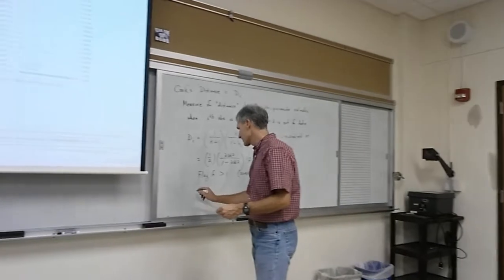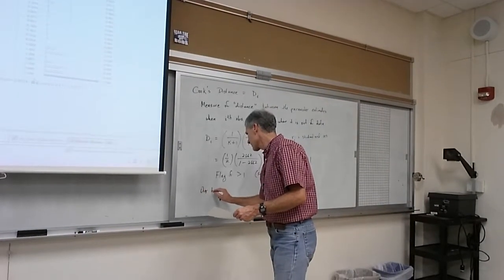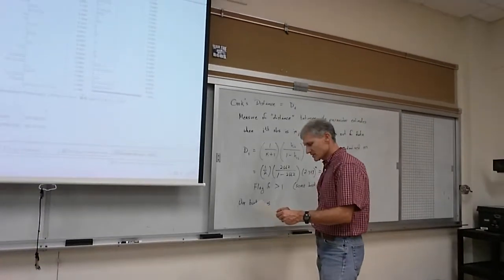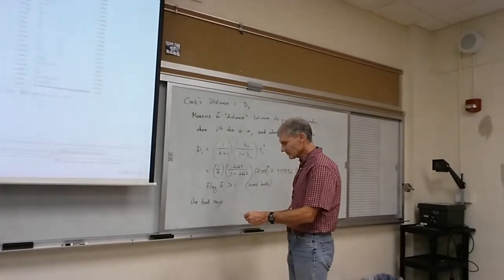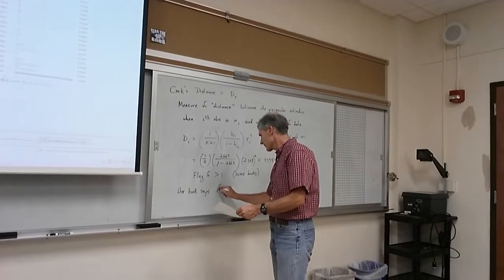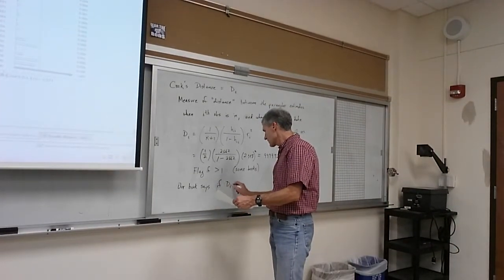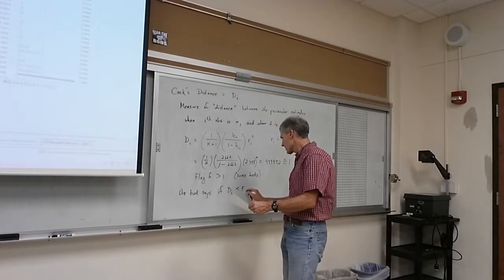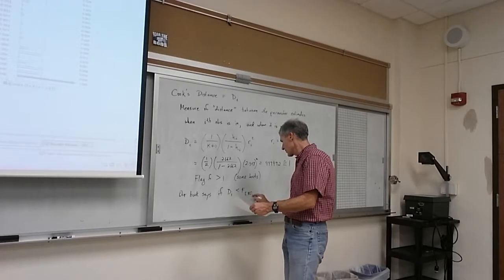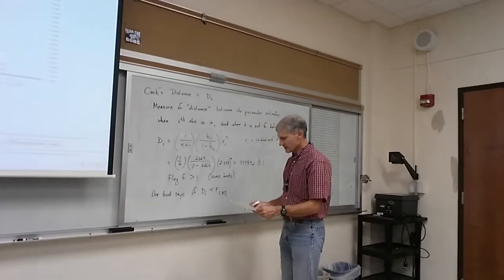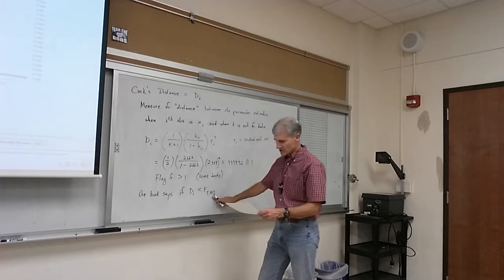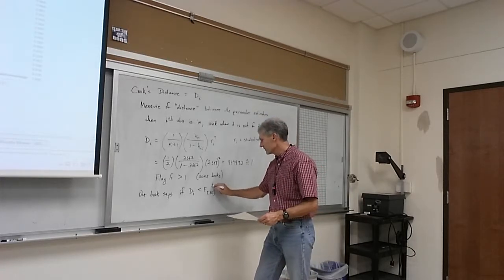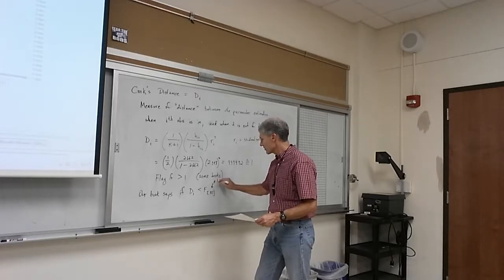Our book says, if Di is less than F sub 0.80, and that's our book's notation for this, but this means right tail probability.